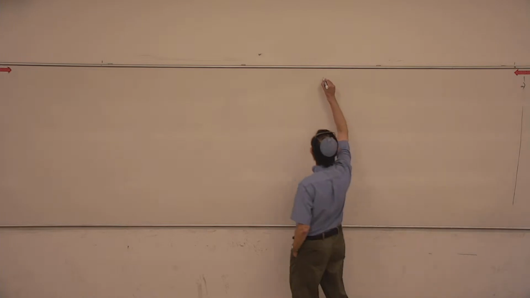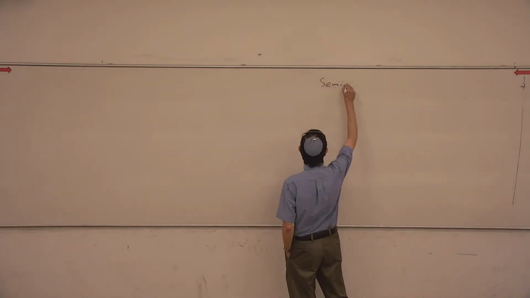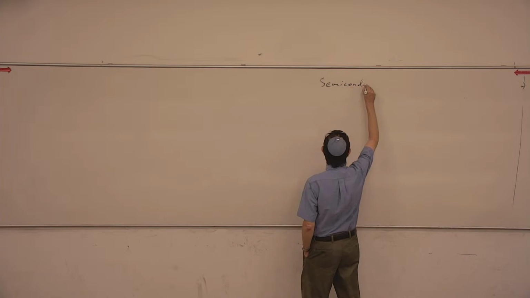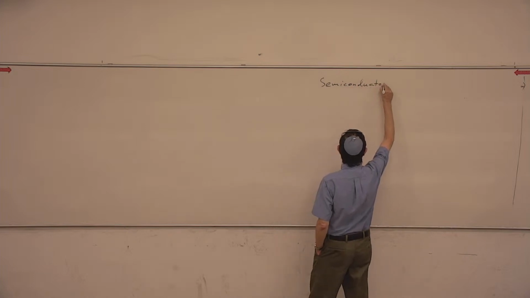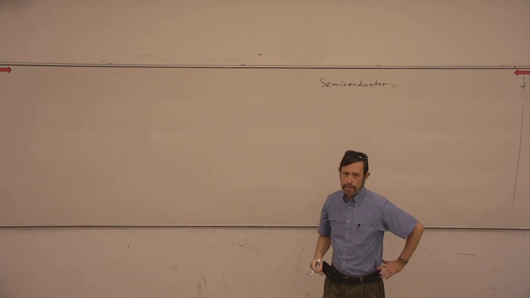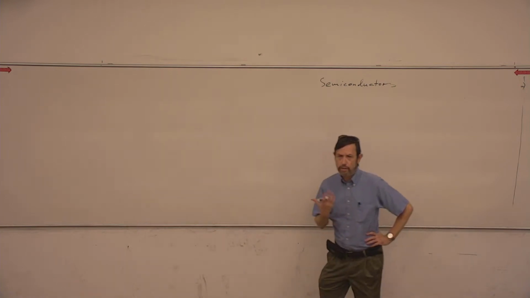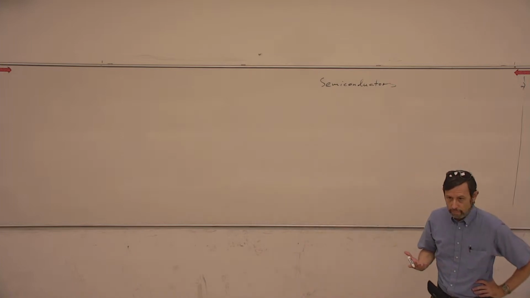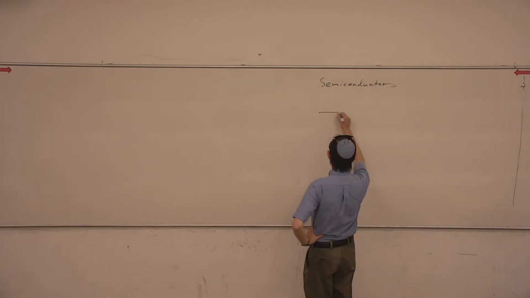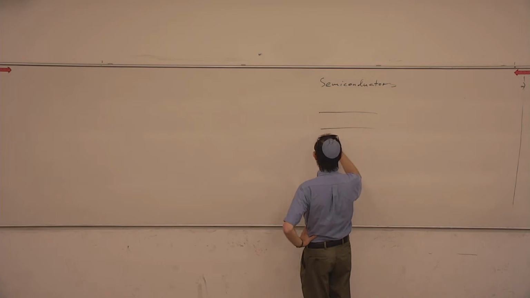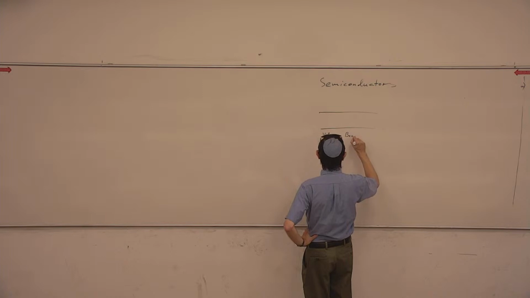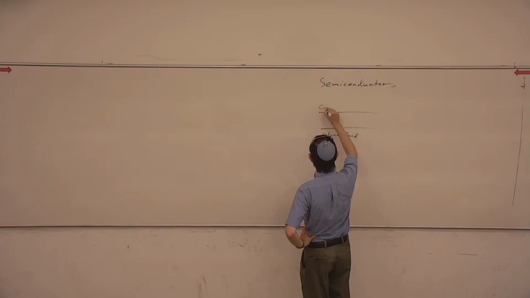Okay, so now we're moving to semiconductors. As we discussed in the previous lecture, they are basically an insulator. So the two interesting bands are the valence band and the conduction band.